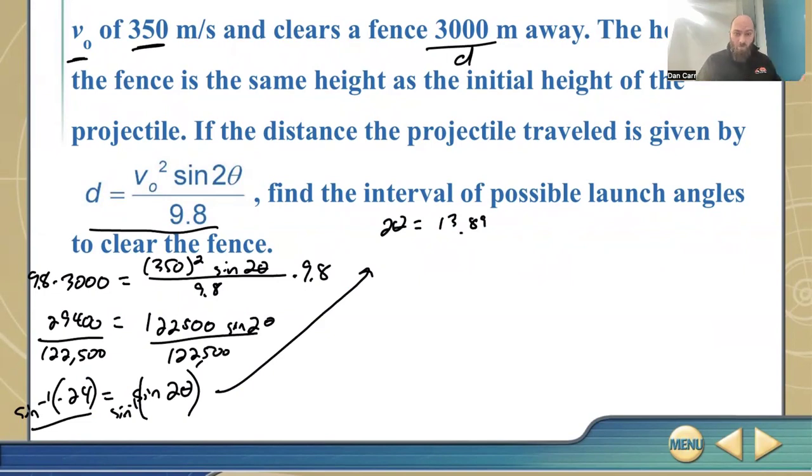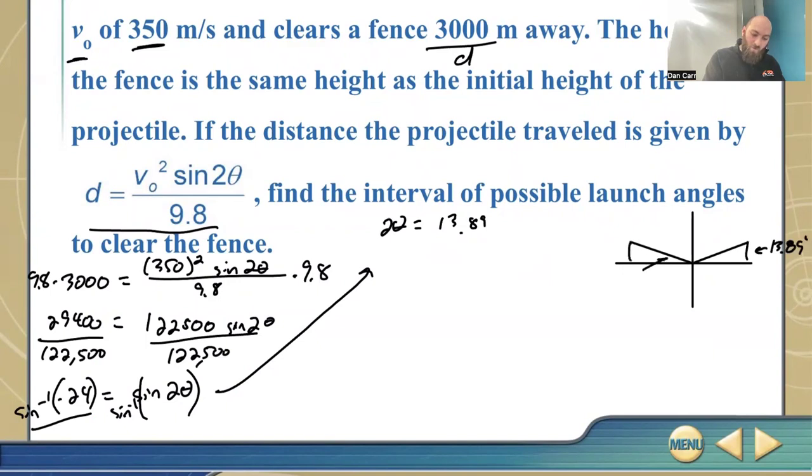But to remember what I'm doing with this one, if we're dealing with sine, there's two possibilities for my launch angle. When does that sine equal 13.89? It's going to happen here, like this angle. So it happens at 13.89 degrees, but it also happens here.